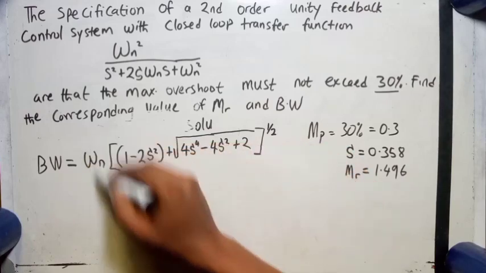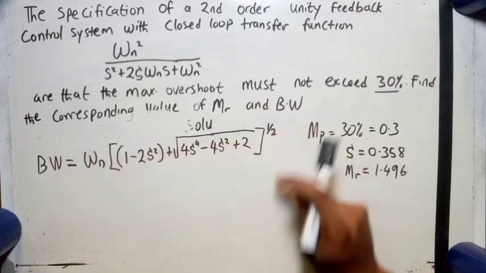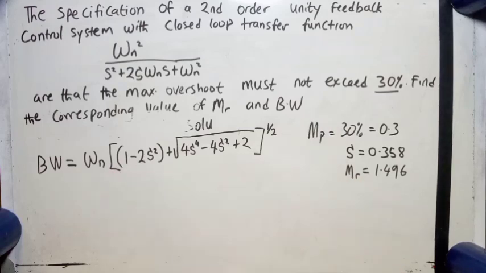This half means square root. So either you put this raised to power half or you square root everything inside these brackets. They will still give you the same thing.